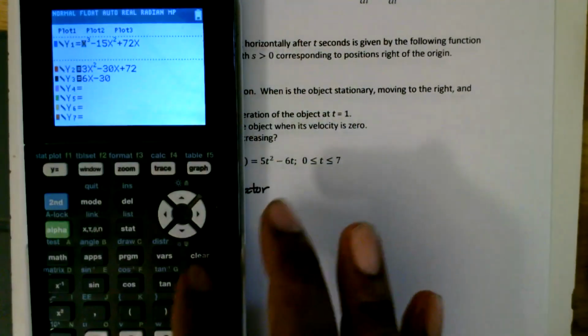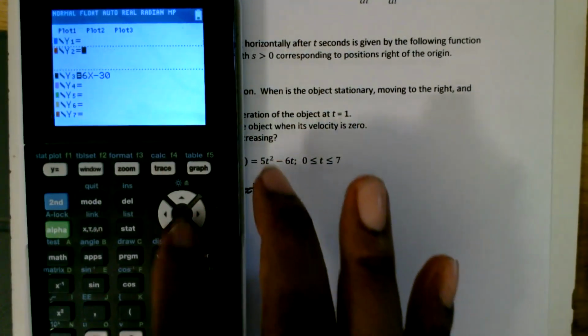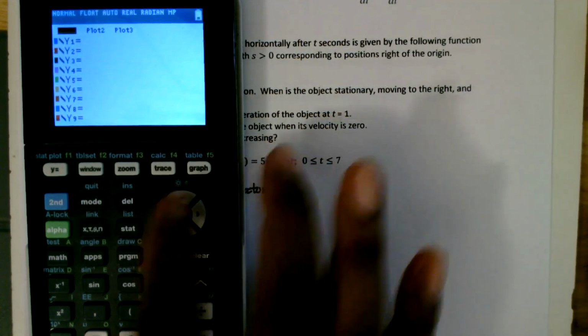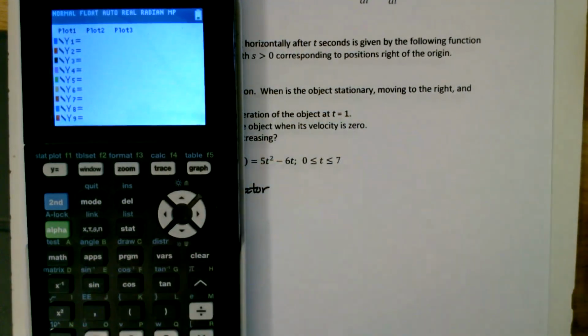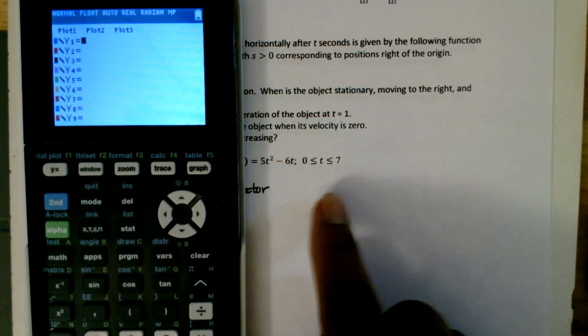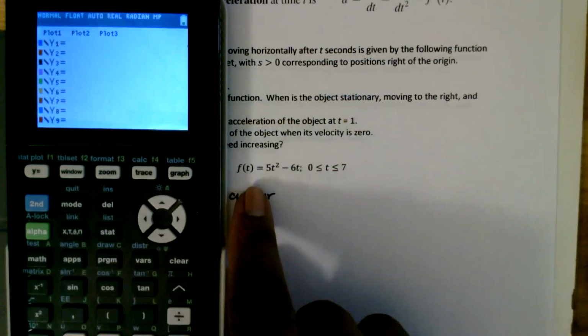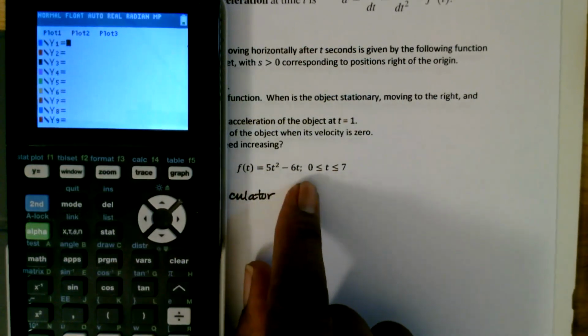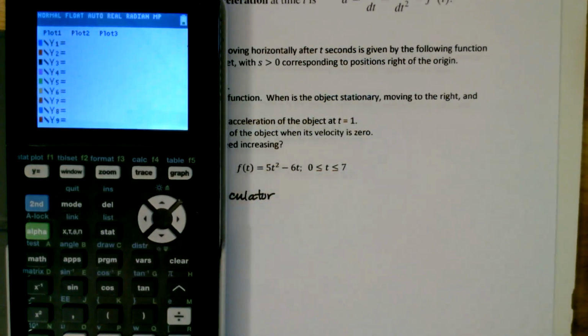Let me go to y equals and clear all the stuff that's in y1, y2, and y3. In y1, I'm going to enter my f of t, 5t squared minus 6t. I'm going to treat the t's like x's in this calculator. So I'm going to do 5, press the X,T,theta,n key for the x, then x squared to square it, minus 6, and then x. I'm treating the t's like x's here.